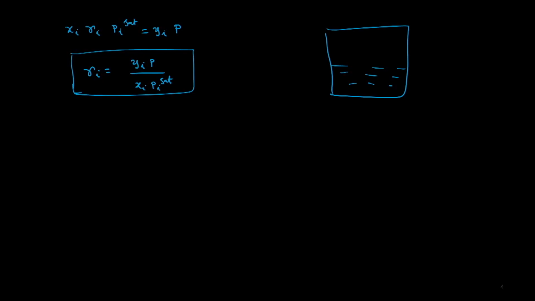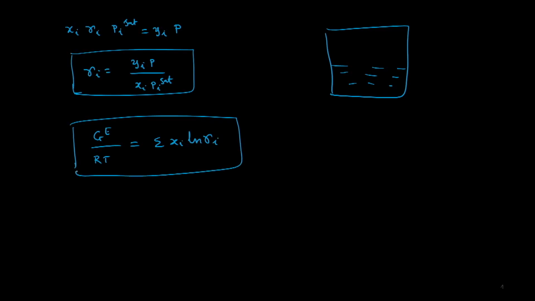If I perform this at various mole fractions, then I get activity coefficient as a function of the mole fraction x_i. Once I have the activity coefficient, recall that the excess Gibbs free energy G^E/RT is sigma x_i ln gamma_i. So once I have the activity coefficients, I can go back and calculate the excess Gibbs free energy for that particular mixture.